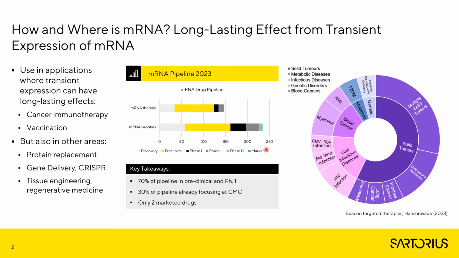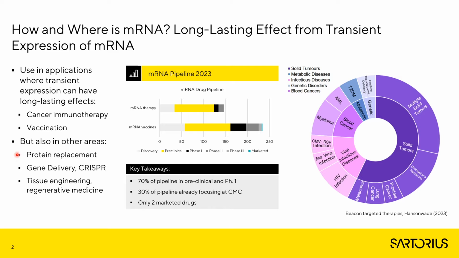Now, there are other application areas. One very strong one is, of course, cancer immunotherapy, where mRNA and saRNA are both very strongly represented. But perhaps another one which is in development, and in the case of self-amplifying RNA, mostly in preclinical development, is the use of saRNA as a protein replacement therapy.